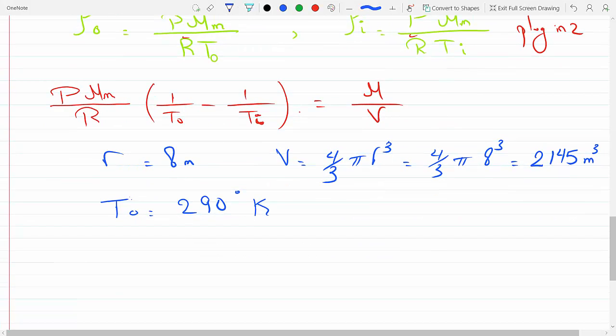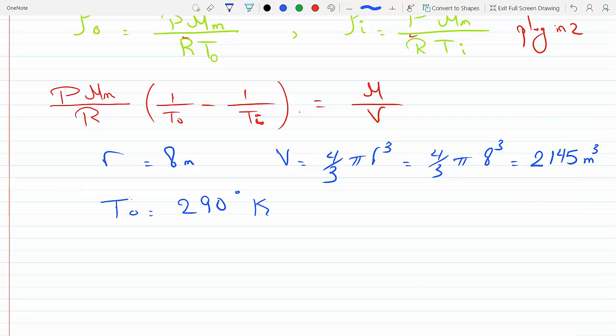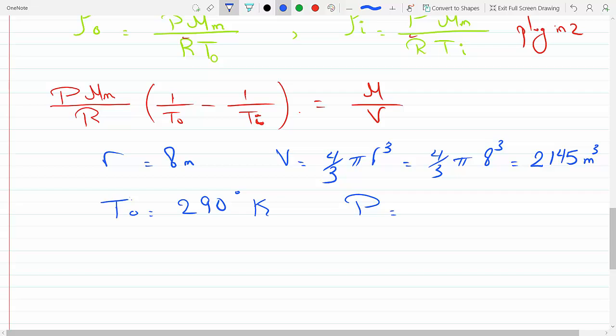Okay, so we're gonna take the temperature to be 290, and then the pressure at that altitude is about 1.01 times 10 to the fifth. I don't think the pressure is going to matter in this. Well, I need it in the equation.